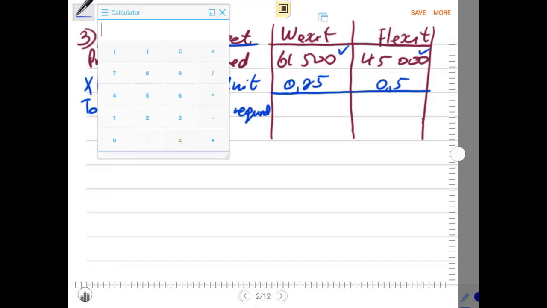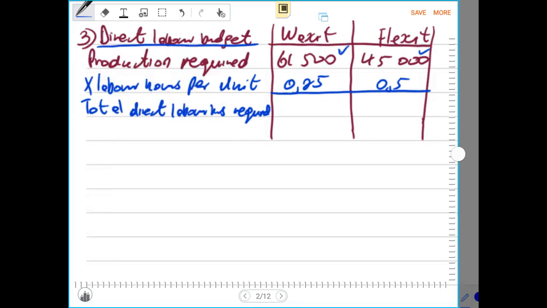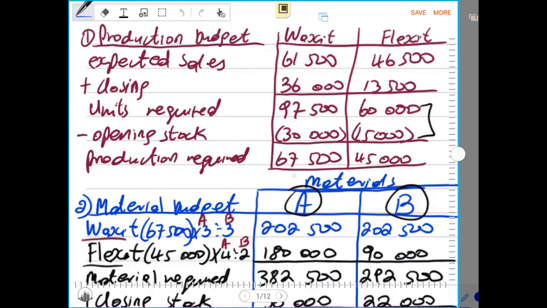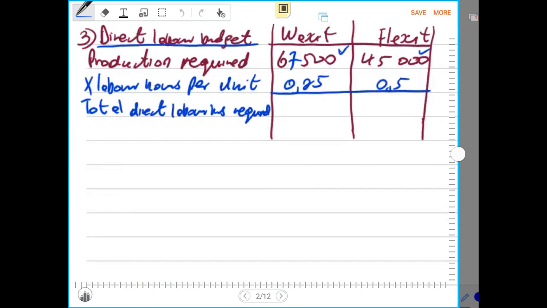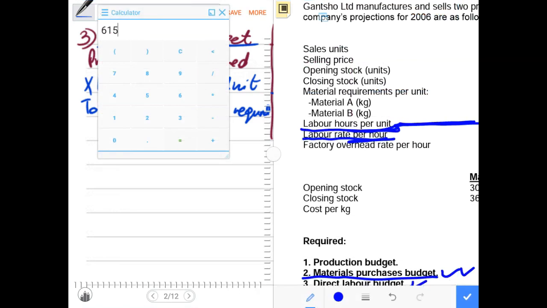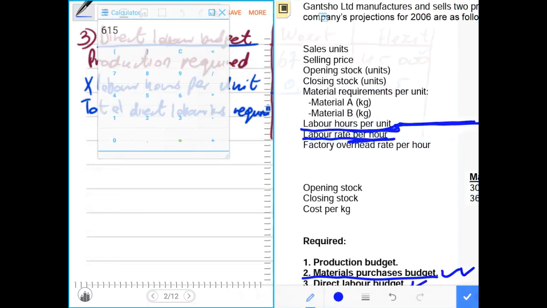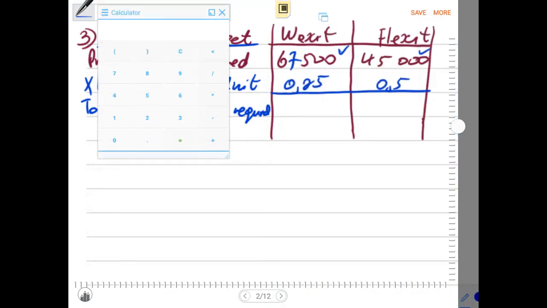How do we calculate that? We say 67,500, not 6. Confirm that: 67,500. Then we multiply that by 0.25. That is 67,500 multiplied by 0.25.